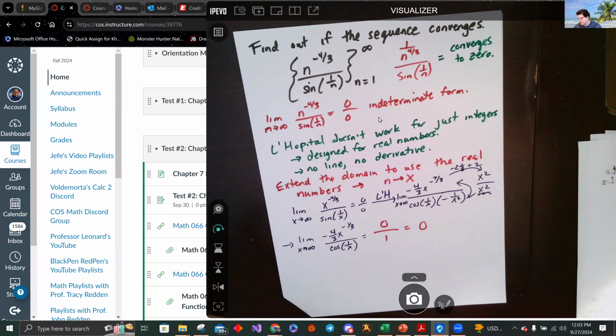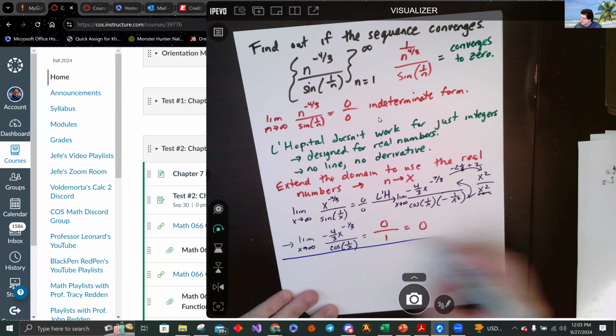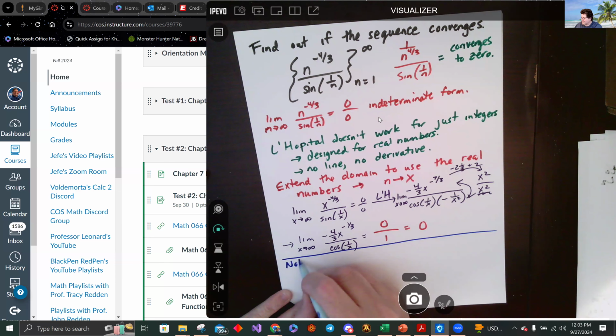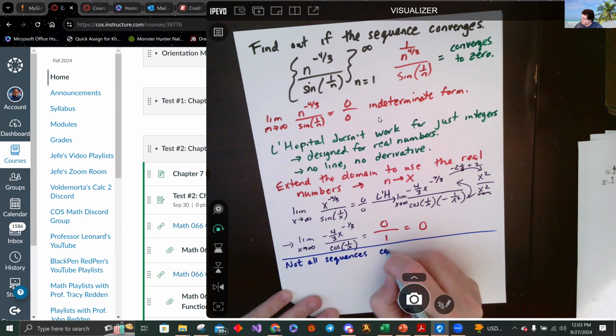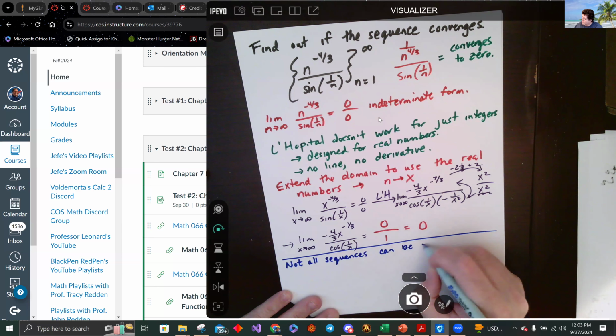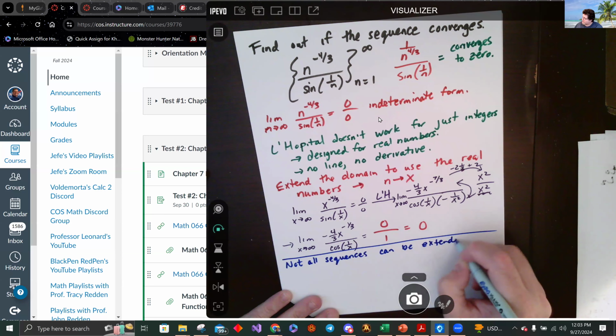It's important to note, this doesn't always work. You can't do this for everything. Not all sequences can be converted to functions of x, or can be extended to the real numbers.